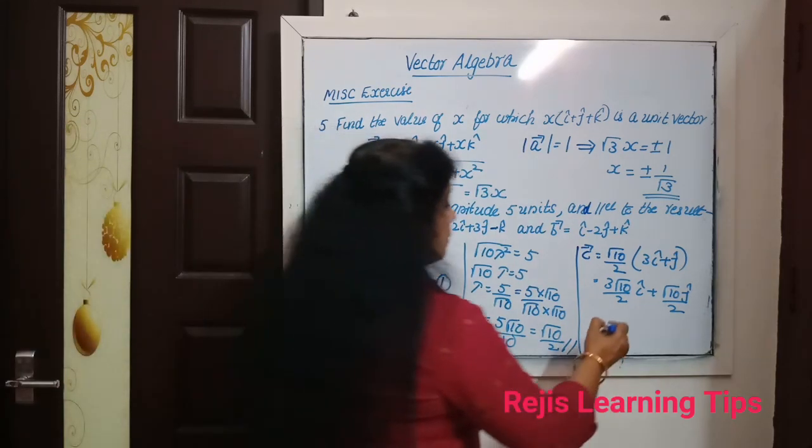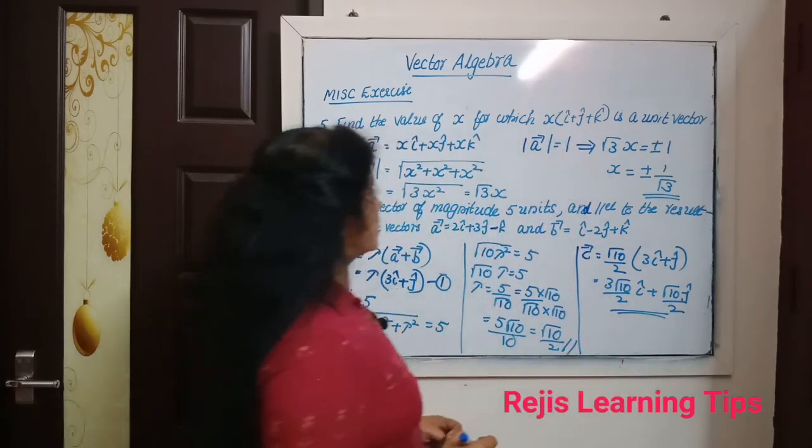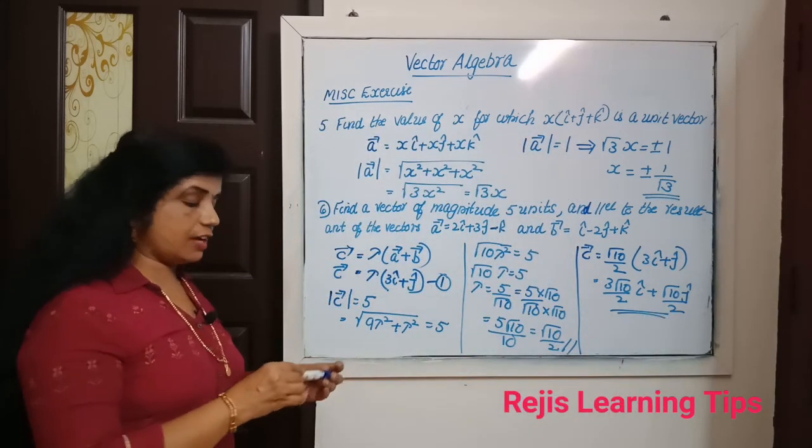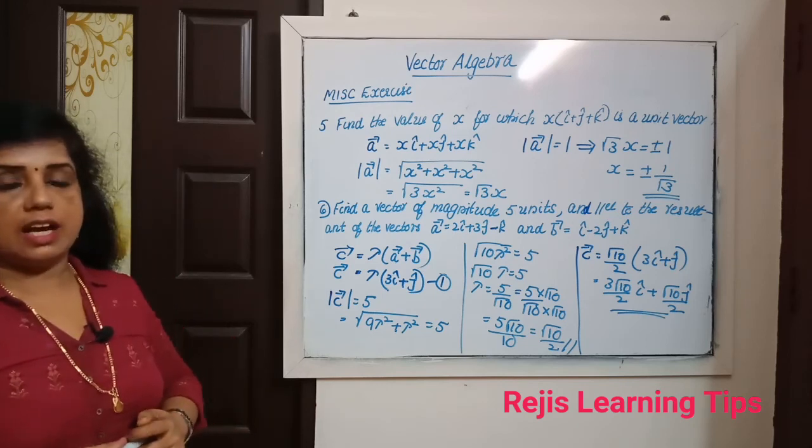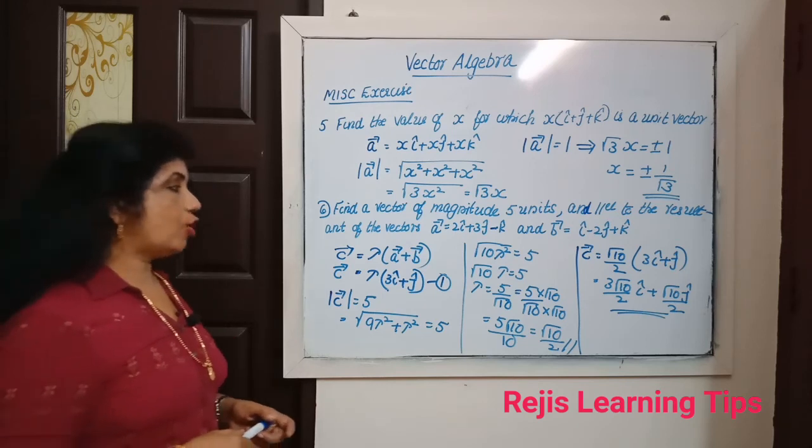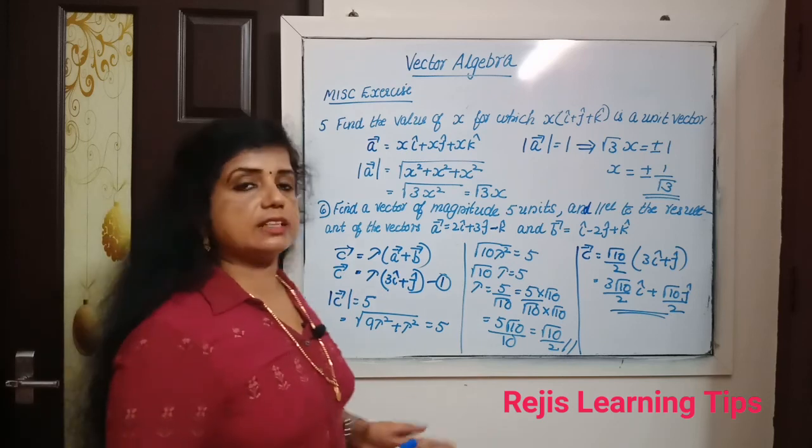That is the vector parallel to the resultant of vectors A and B. Am I correct?